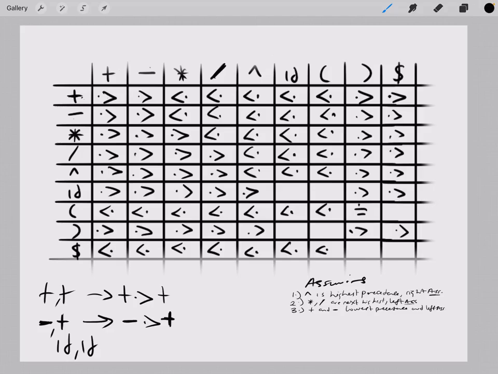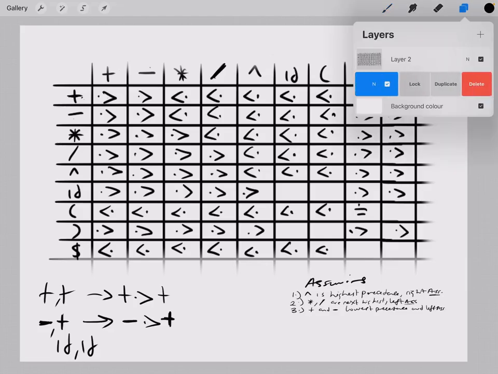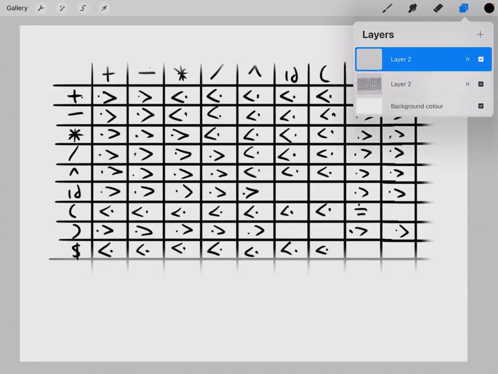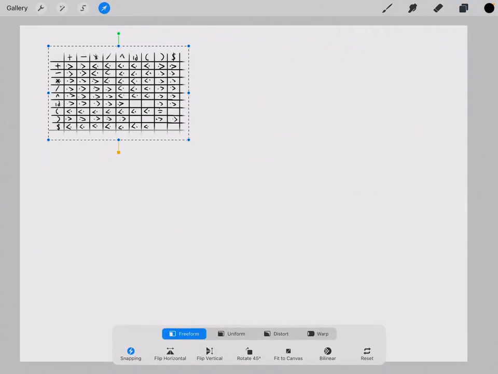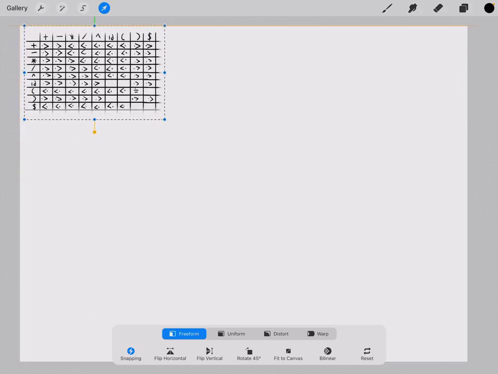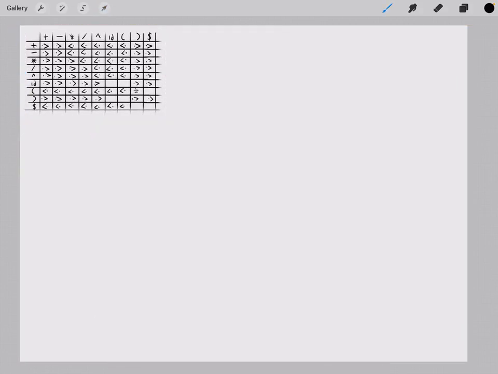I think it's wiser for me to use an example to further break this down. I shouldn't just say all of this and then not use an example. For instance, let's try and create a parsing table by ourselves, like a relations table for this operator precedence.